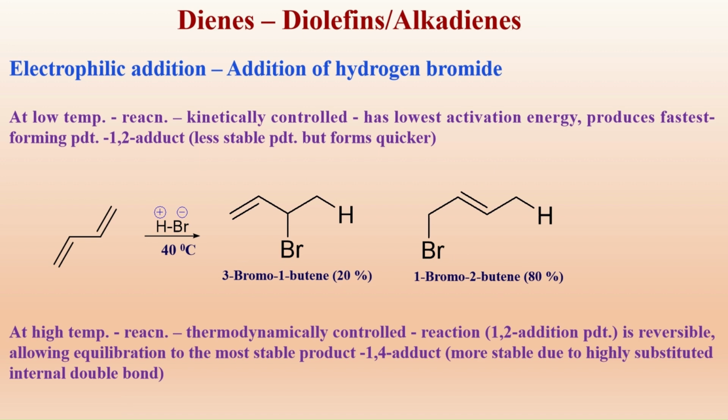This is the uniqueness of this reaction of dienes with hydrogen bromide addition. And this is also found in other addition reactions too, and those will be the subject of discussion for the coming presentation.